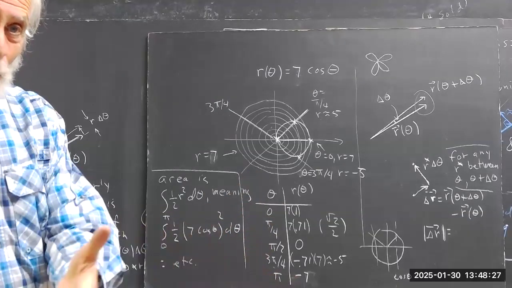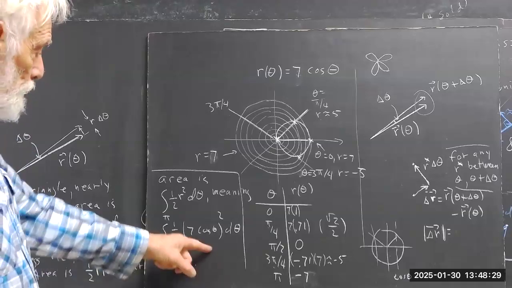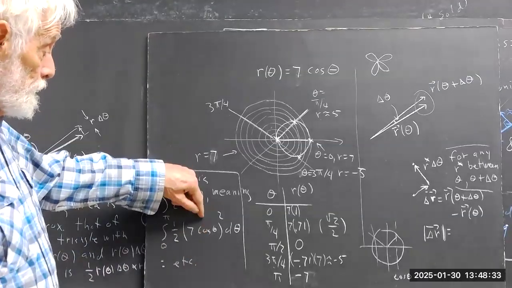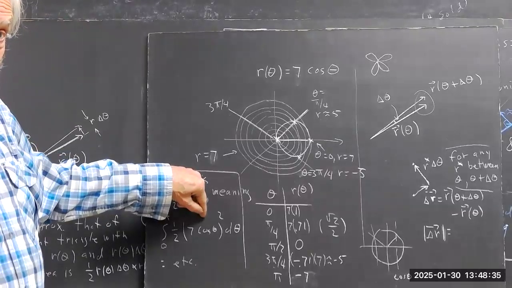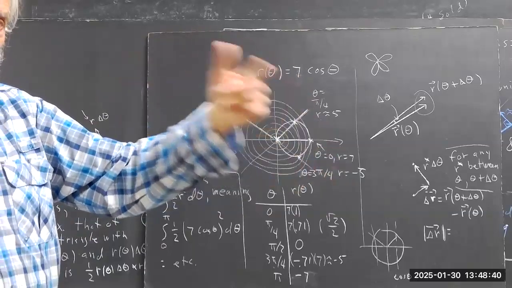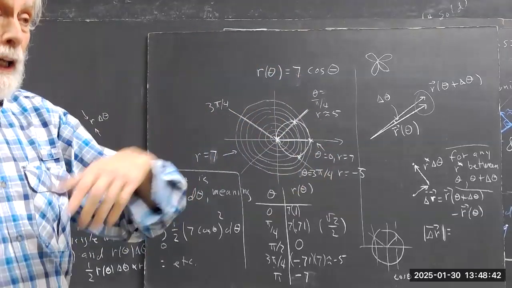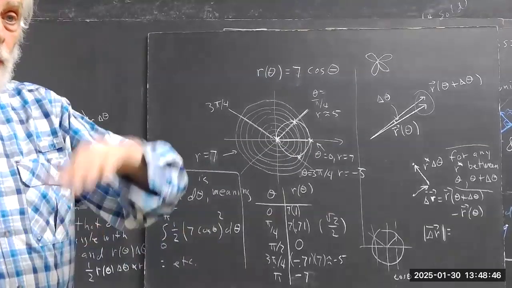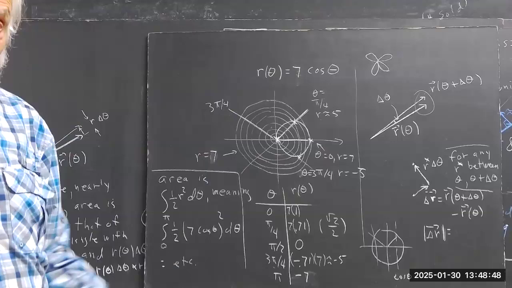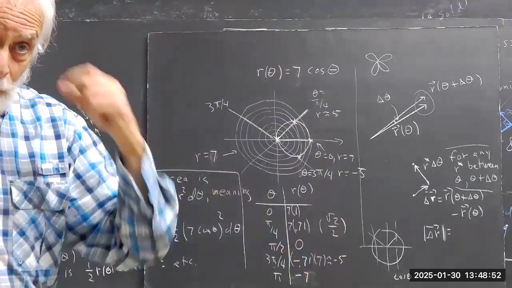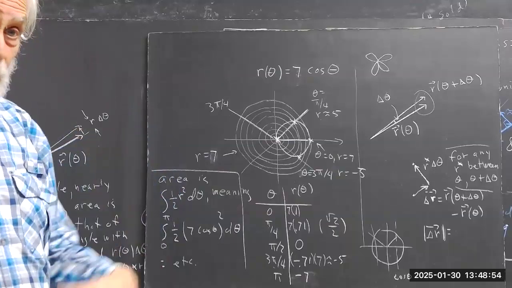Now, you can take my word and follow it, or you can do that anyway. I'm using the fact that the integral of a sine squared or a cosine squared over a complete cycle is half; the average value of the cosine squared over a full arc is 1/2. That's something you work out in calculus.